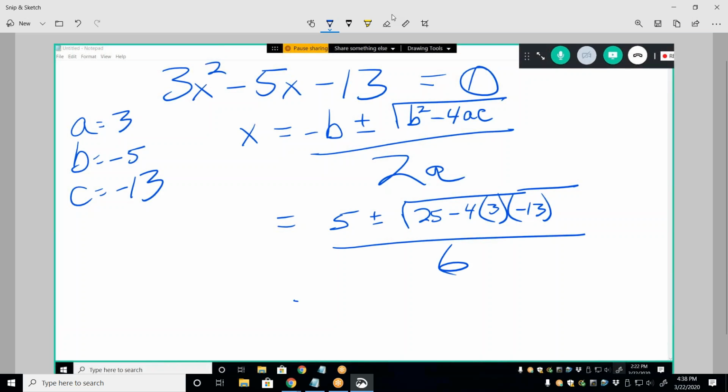Now, do the inside of the radical first, always. And do it in two pieces. Always do this part first, so that you don't drop negative signs. Do that on your calculator. It's negative 156.